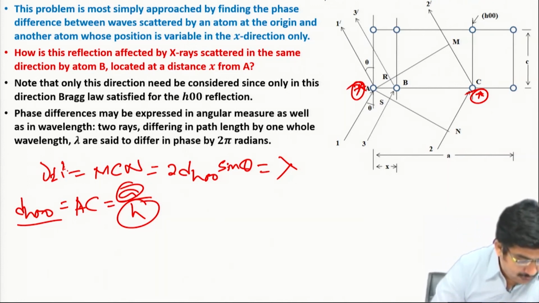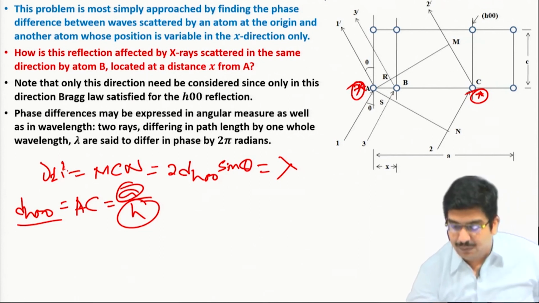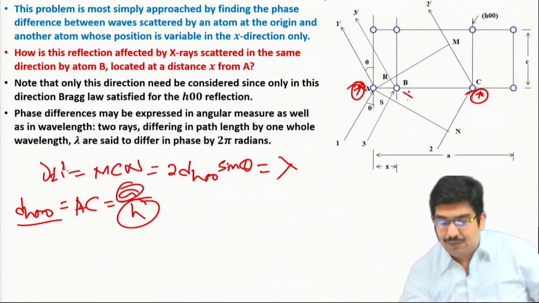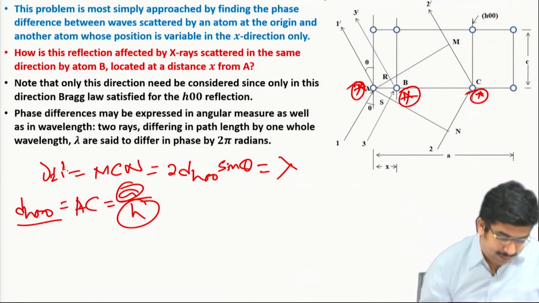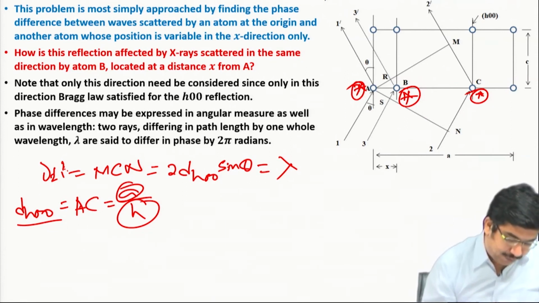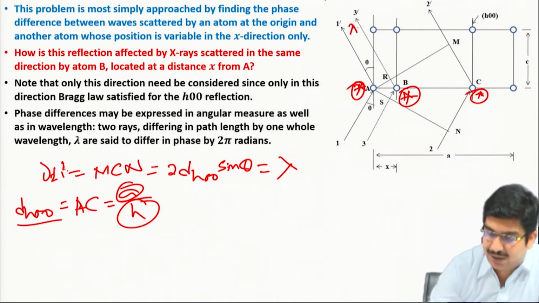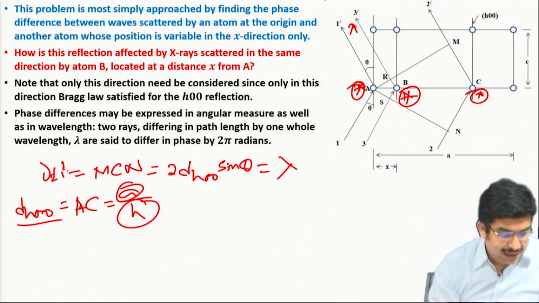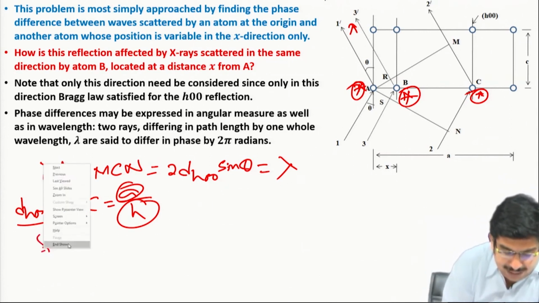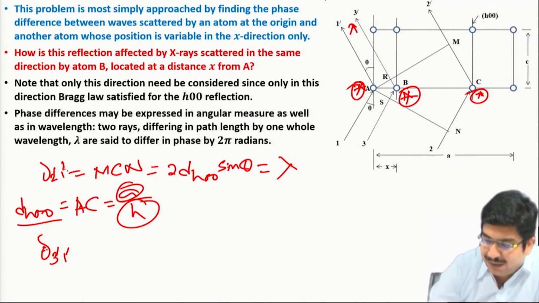Okay. So now we are calculating for an arbitrary plane. We have placed an atom here, arbitrarily, at a distance x from the origin A. If we consider the ray 3 bar in this direction, the same direction where Bragg's law is satisfied, then we can get the path difference between these two rays, 1 dashed and 3 dashed.